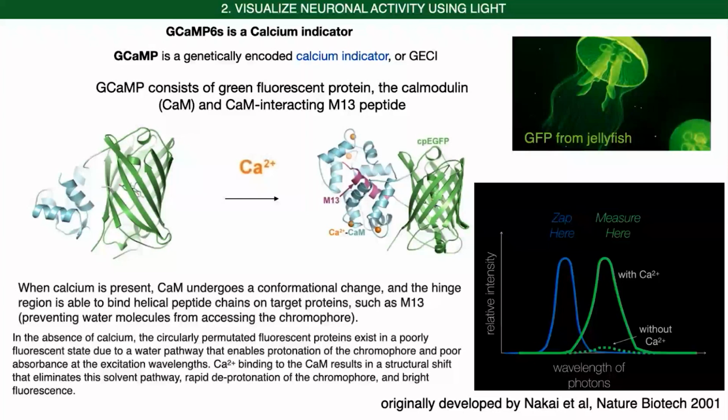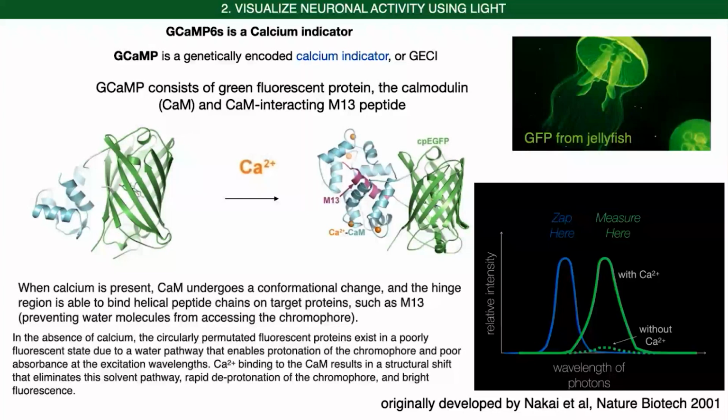And so there will be a poor absorbance of the excitation wavelength. However, when calcium is binding to the calmodulin, this results in a structural shift that eliminates the solvent pathway. And so there will be a brighter fluorescence in the presence of calcium.